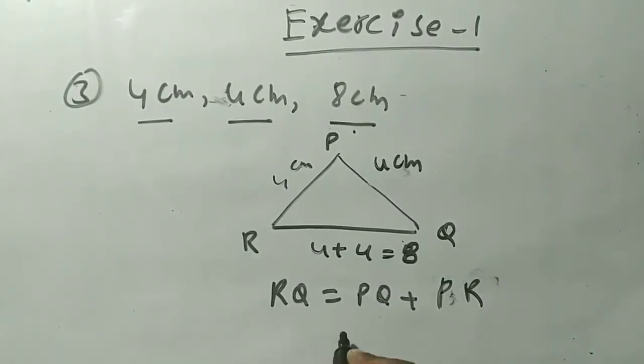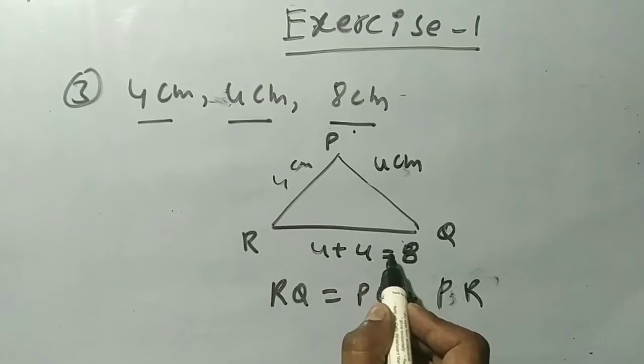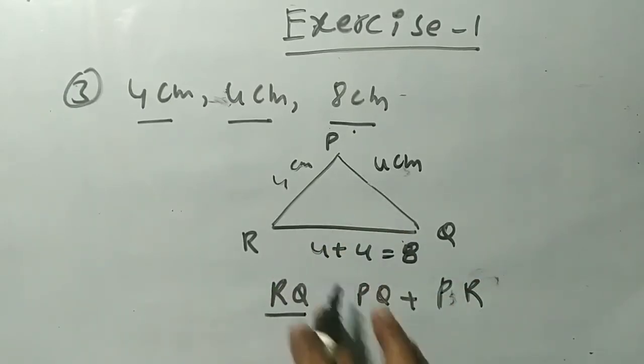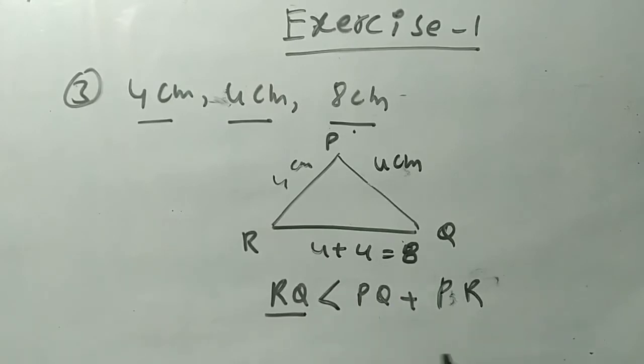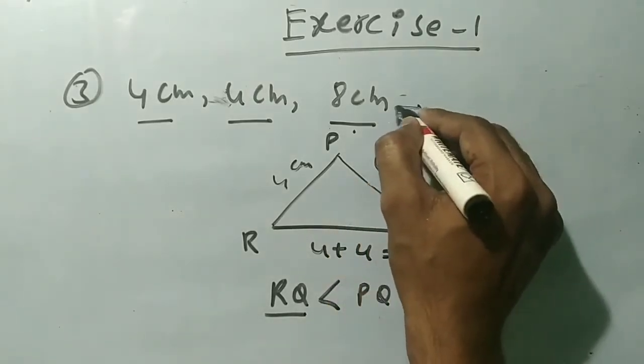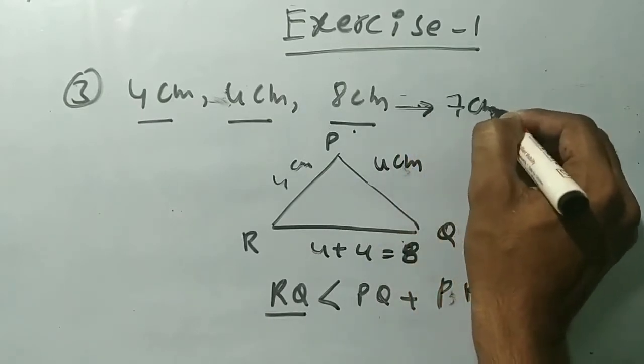This cannot make a triangle, but we can make a triangle when the third side is less than the sum of the 2 other sides. That is, RQ should be less than the sum of the 2 sides. If we consider the 8 to be 7 centimeters, then we can make a triangle.